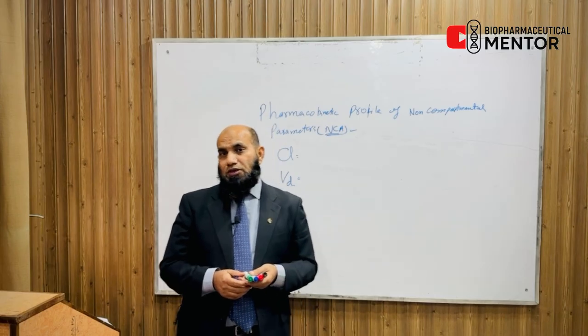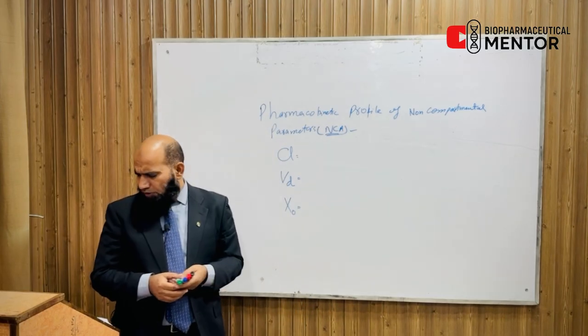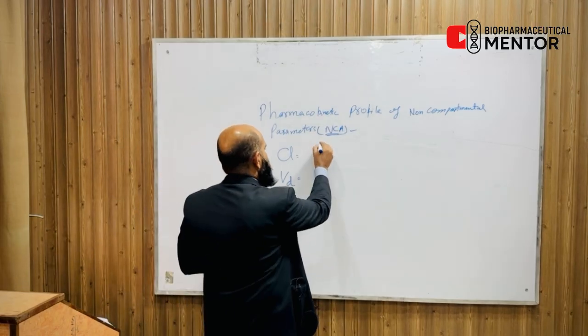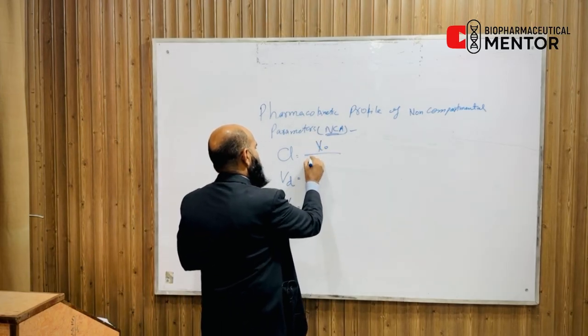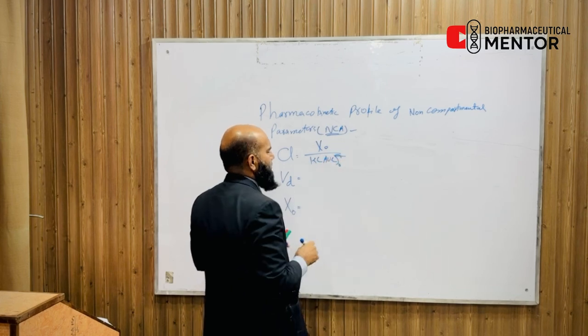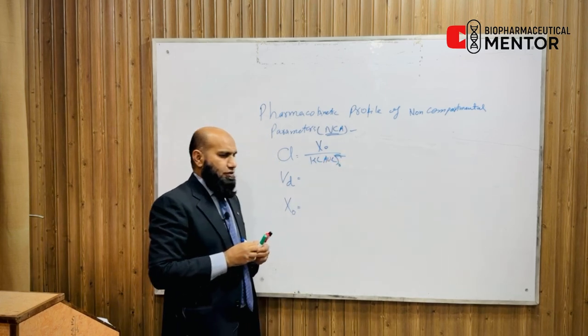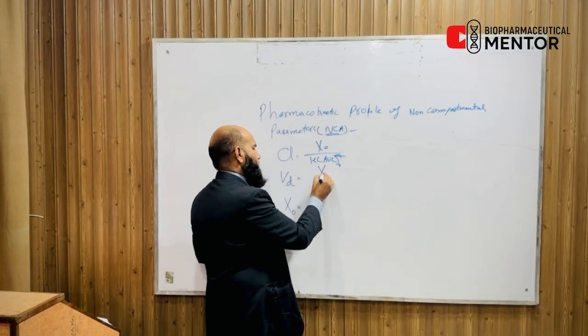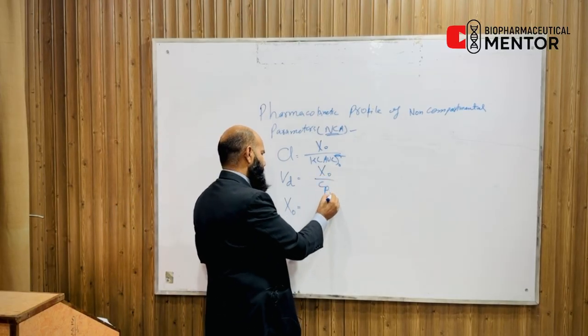In case of clearance, we have the formula of dose over K into AUC 0 to infinity. In case of VD, we have dose over Cp.